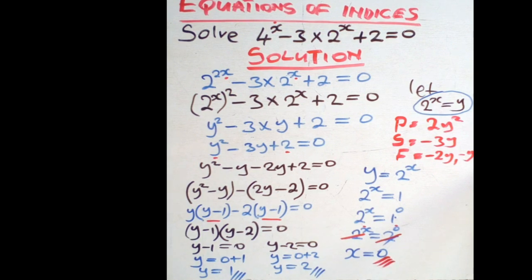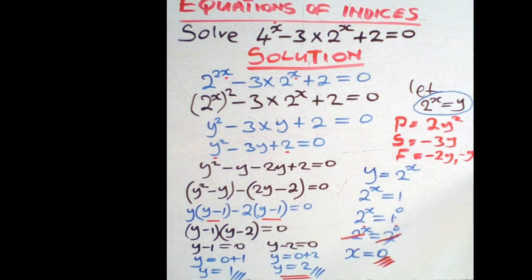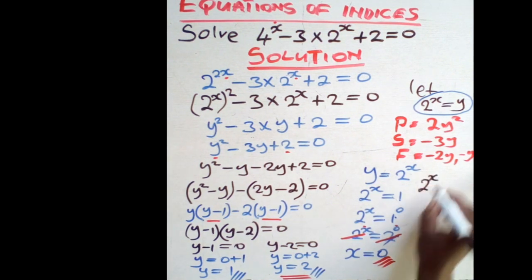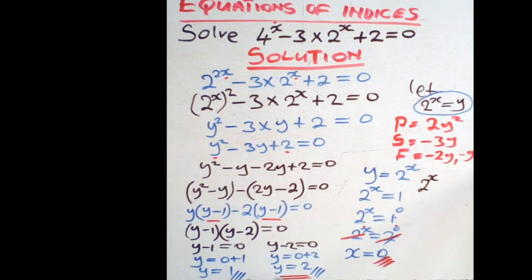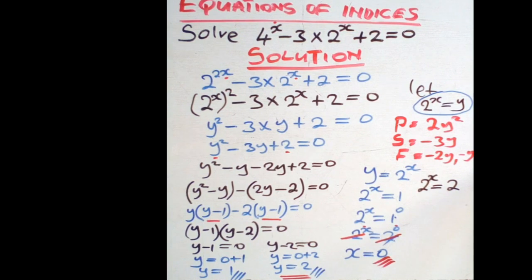After that, you also have to consider the second aspect. y is equal to 2. Remember, this y is 2 to the power x. So you are saying 2 to the power x, which is in position of y, is equal to 2. When that is done, you can see this is a 2 and that is a 2, so you ignore them.